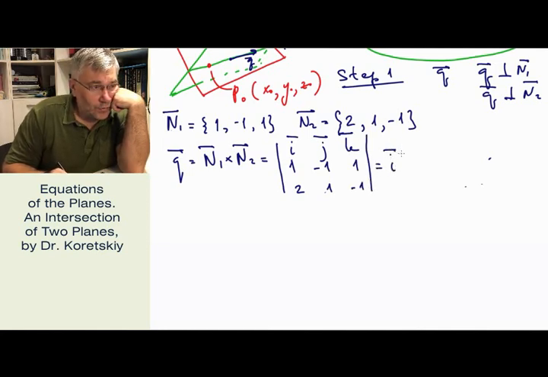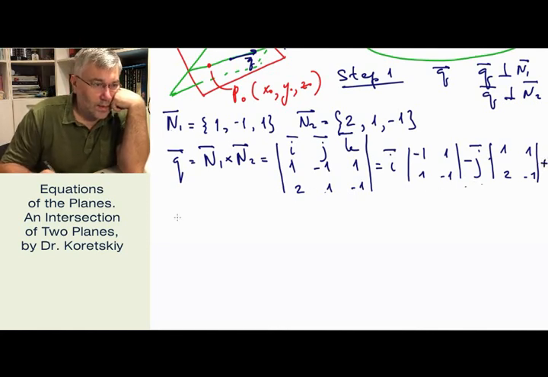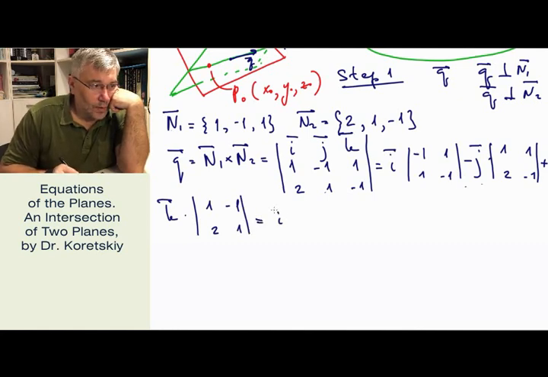We have the i vector with the factor minus 1 times minus 1 minus 1 times 1, which is 0. Minus j times the minor: minus 1 minus 2, which is minus 3, so plus 3j.